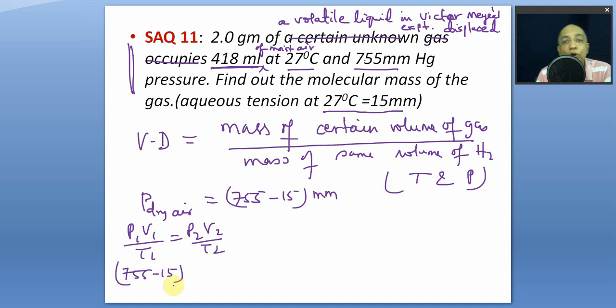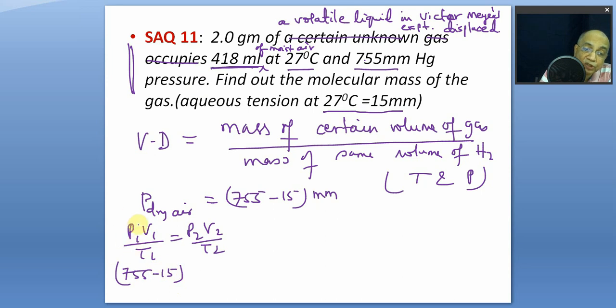The volume is always the same, because the volume enjoyed by water vapor is also enjoyed by air. So the volume remains the same, whatever we have recorded, but the pressure changes.